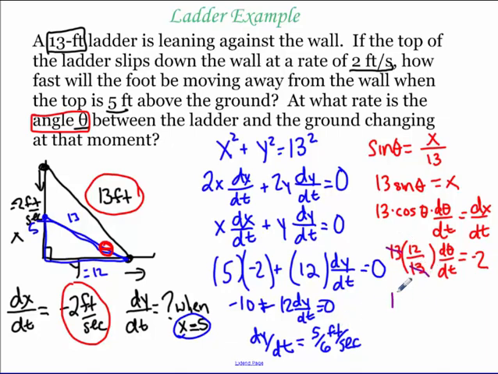So we have 12 d theta dt equals negative 2. So then d theta dt is going to equal negative 1/6. Now we need to think about units. Theta in calculus, remember, is radians per unit of time we get from the word problem, seconds.